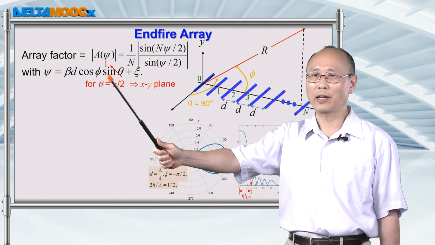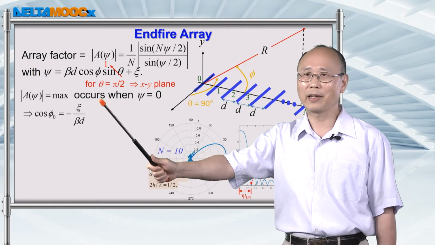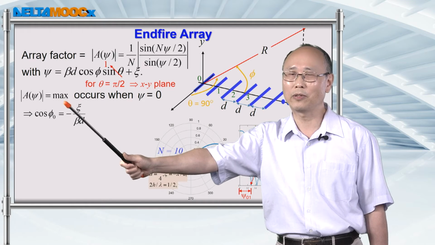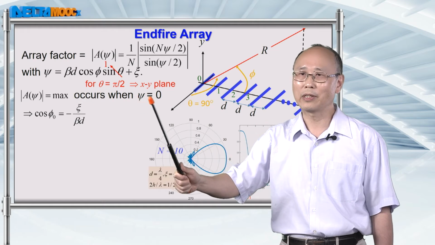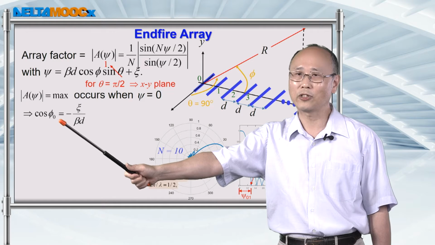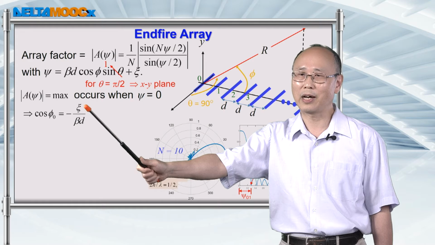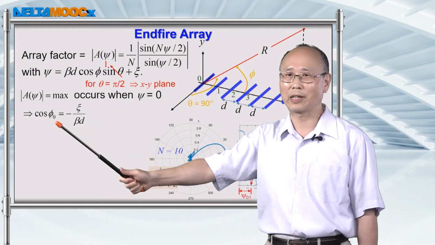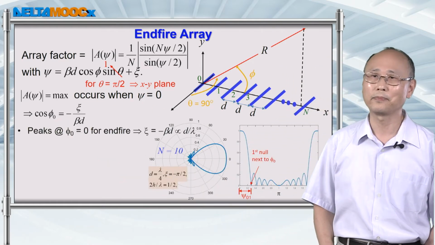So you set theta equal to 90 degrees into this expression, and then specify this array factor equal to maximum. So we are looking into the maximum radiation intensity direction, where this psi is equal to 0. So you have a condition just like before. You have cosine phi 0 equal to minus c divided by beta d, and this phi 0 is the angular direction where you have the maximum radiation intensity.